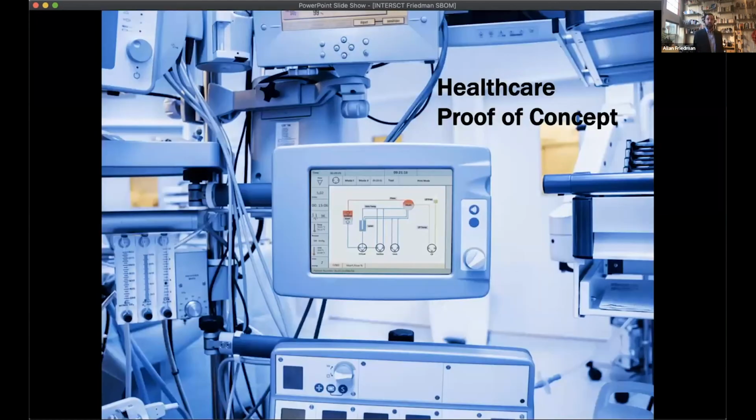Now, one of the things we're very happy with is the work that's come out of the healthcare space. And we don't always think of the healthcare sector as leading in security, but there's been incredible progress over the last 2 years to sort of demonstrate what's possible.